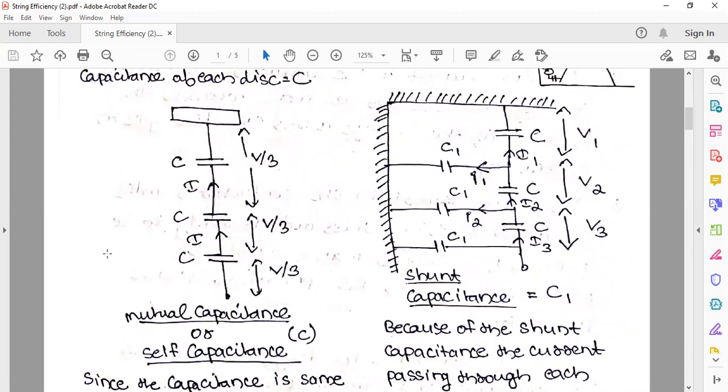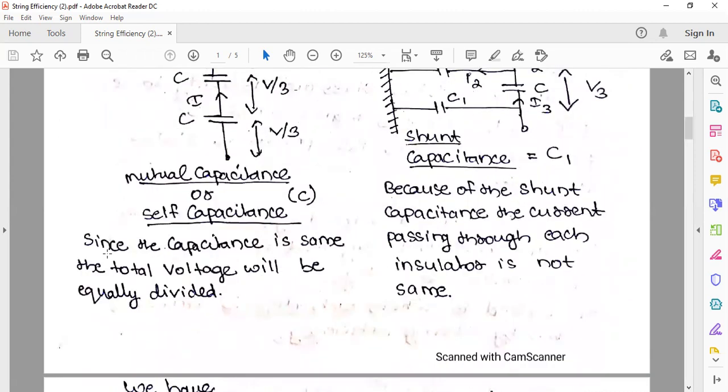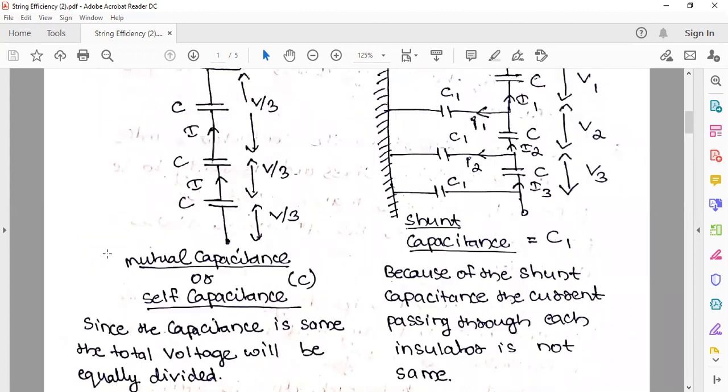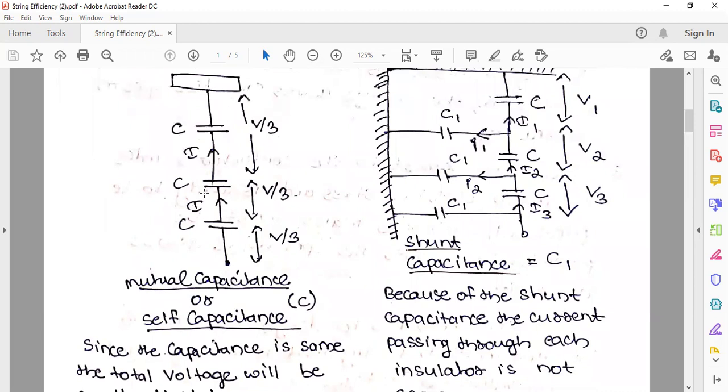So remember that here we have 2 types of capacitance. One is the mutual capacitance and the other is the shunt capacitance. Mutual capacitance is also called the self-capacitance. Why is it called that? Because since the capacitance is the same, the total voltage will be equally divided. So since the capacitance is C everywhere, the total voltage will be equally divided as V by 3, V by 3 and V by 3.